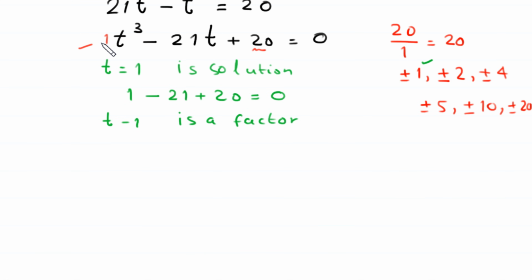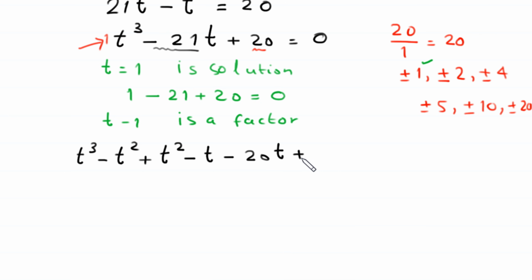So we can rewrite this equation as t cubed, we subtract t squared, and we add t squared. We write this negative 21t as negative t minus 20 times t plus this 20 is equal to 0. From these two terms, t cubed minus t squared, we can factor out t squared, in bracket t minus 1.